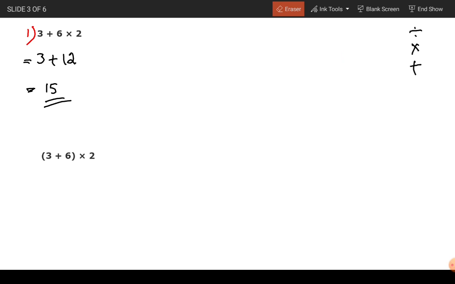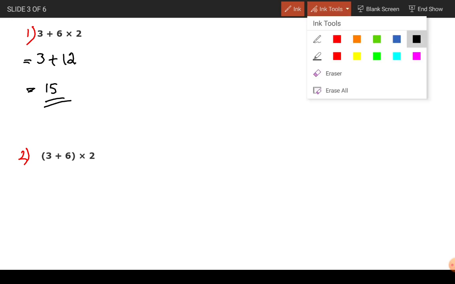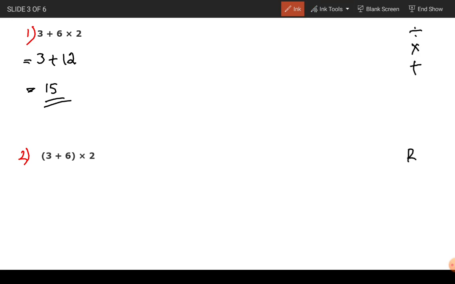Now let's have a look at the second question. Again, except for the brackets, there are no changes in either the numbers or the mathematical operators. But the BODMAS rule tells us that brackets should be solved first.